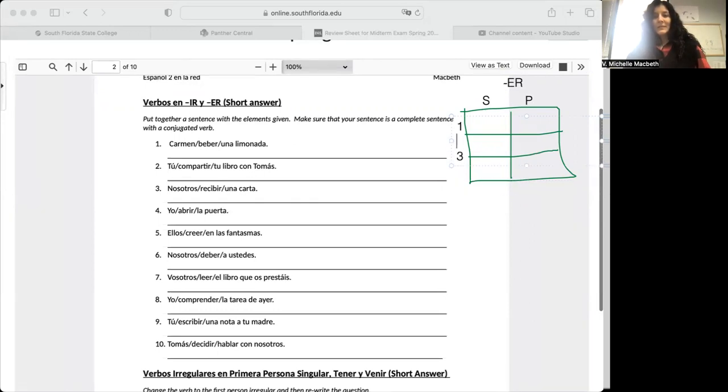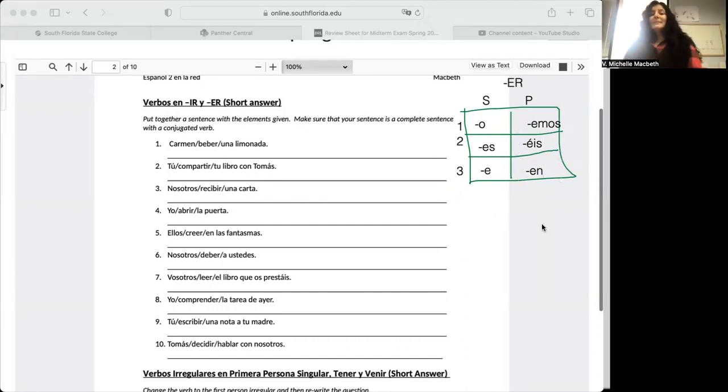Okay, so now what are the endings that I need here? Well, the yo form is o. The tú form is es. The él, ella form is e. The nosotros form is emos. The vosotros form is éis. And the ellos form is en.